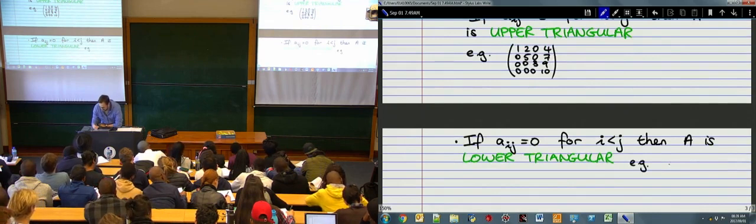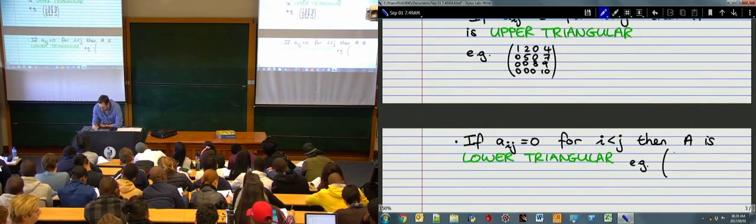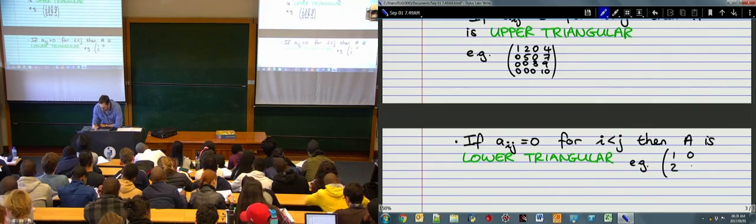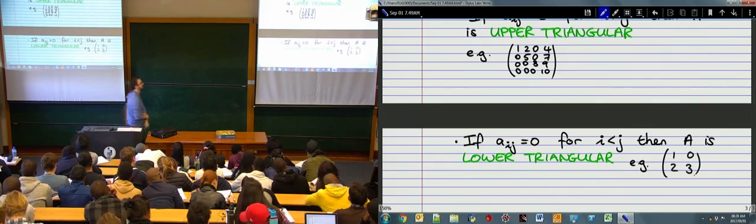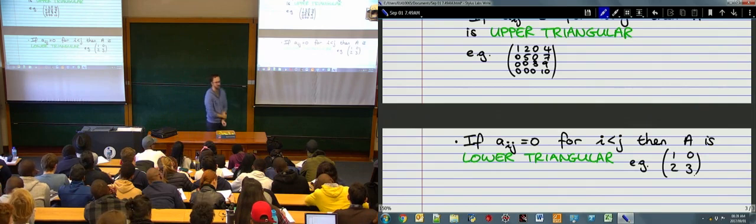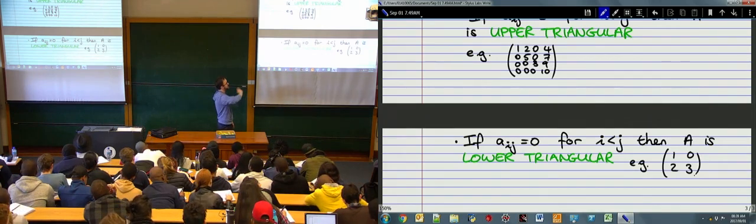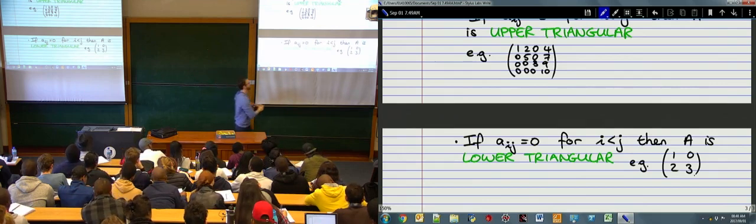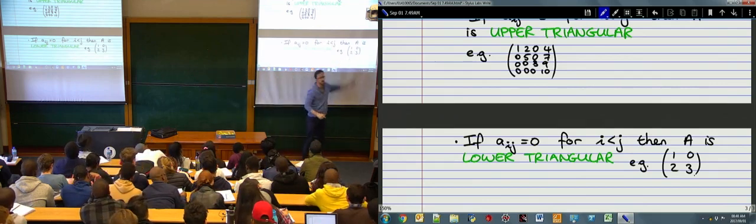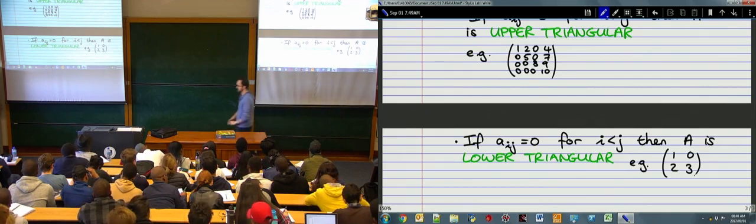For example, lower triangular 1, 0, 2, 3. I'll draw a very small one. I'm tired of drawing these big ones. So that's your lower triangular matrix. In this case, there's only one entry above the diagonal, it's this entry here. All the entries above the diagonal are equal to 0.